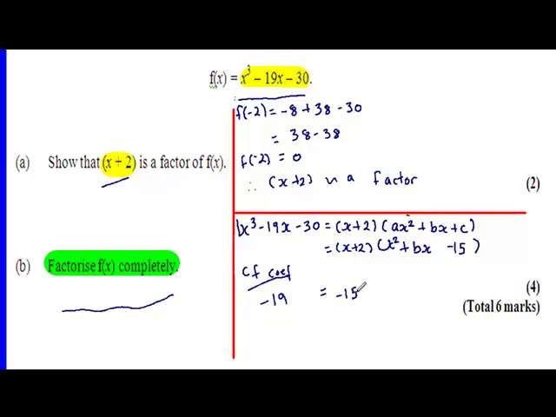And if we multiply the 2 by the b, we get 2b. If we take the negative 15 over, we're left with minus 4 equals 2b, and then b falls out as negative 2.